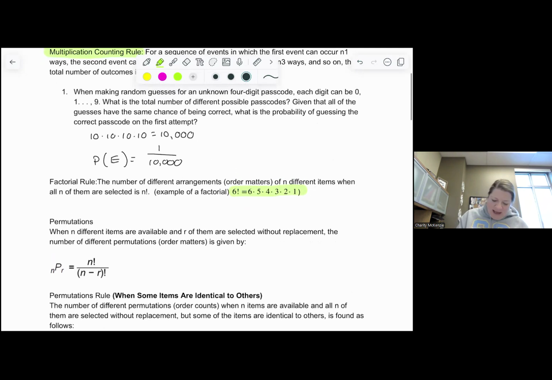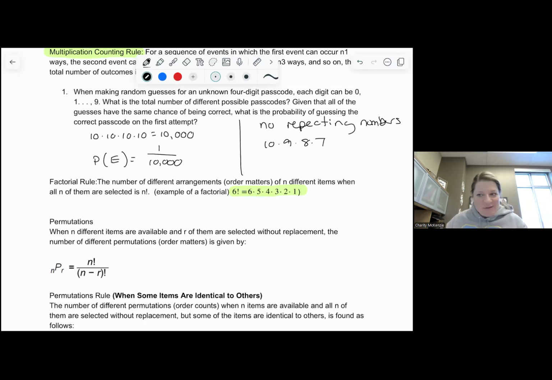So if I was to do this one with no repeating numbers, then it would go 10, 9, 8, 7. It doesn't go all the way down to 1, so we cannot use a factorial on that one. It only goes 4 numbers out.